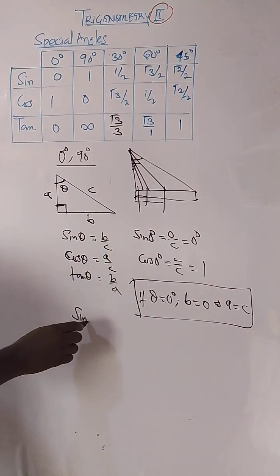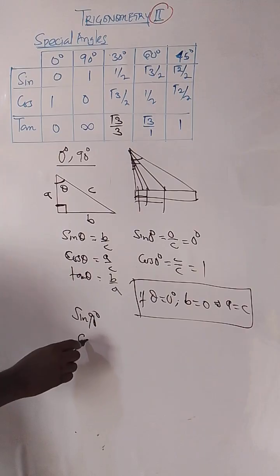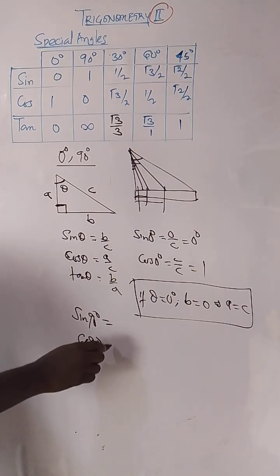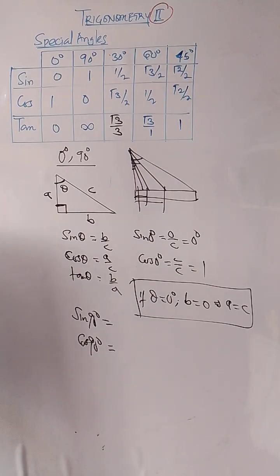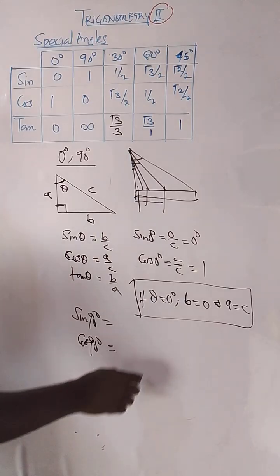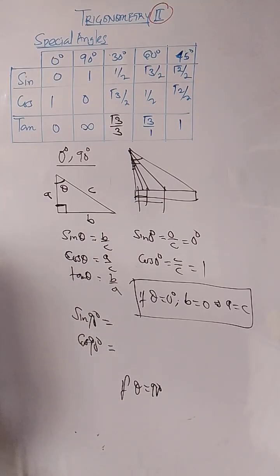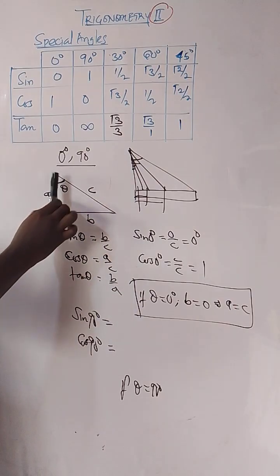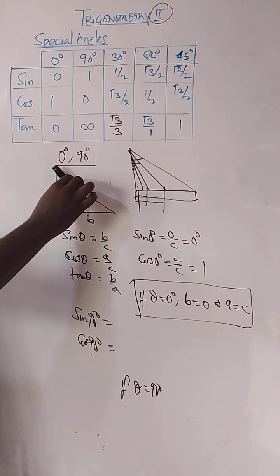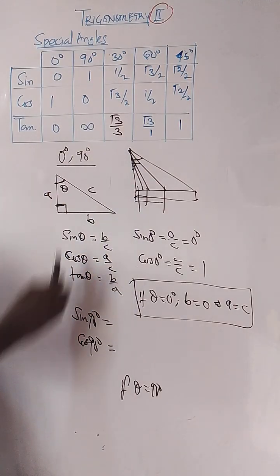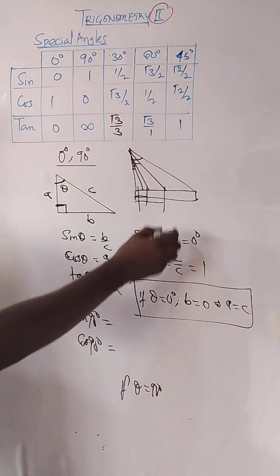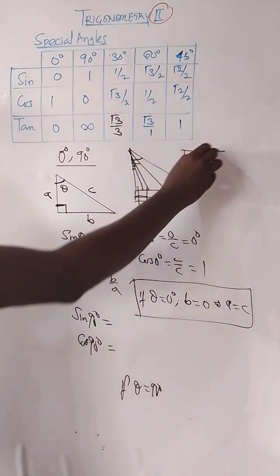Next thing, what about sin 90 and cos 90? For theta to be 90 degrees, instead of this line moving down this way as it did for theta to be 0, we have to raise this one until it goes this way. Meaning we'll open this up and have something like this.